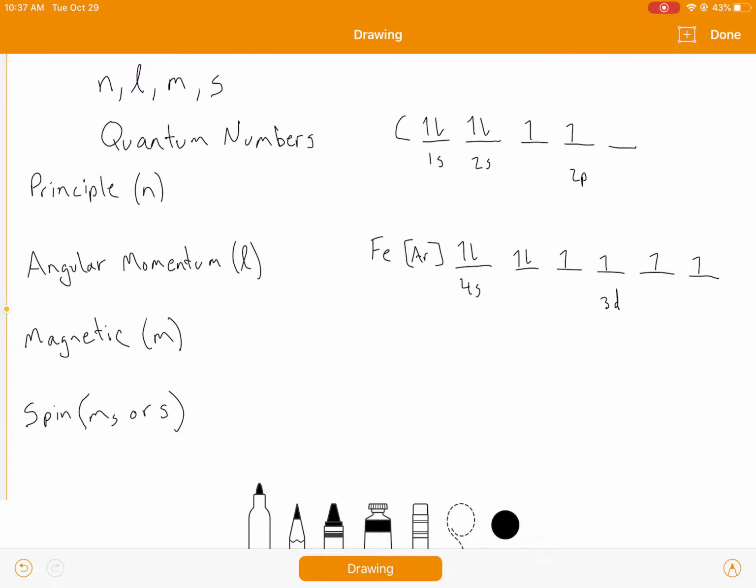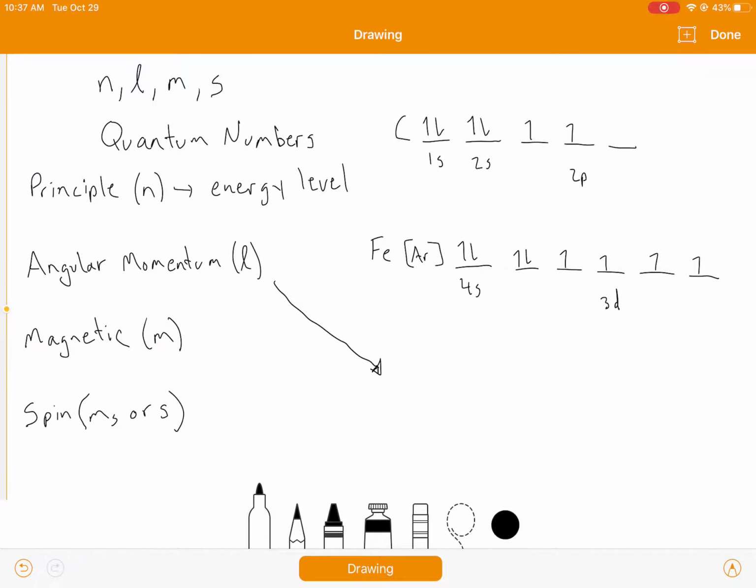So first, the principal quantum number is nothing more than the energy level. Whatever energy level you happen to be on when looking at a specific electron, that's the quantum number. The angular momentum number tells you what shape of sublevel the electron is in. There's actually a little key for this.